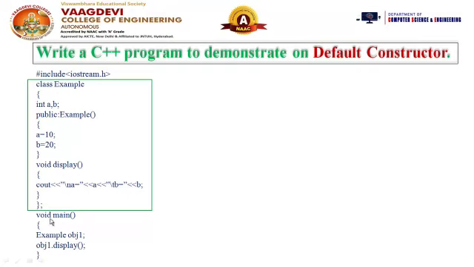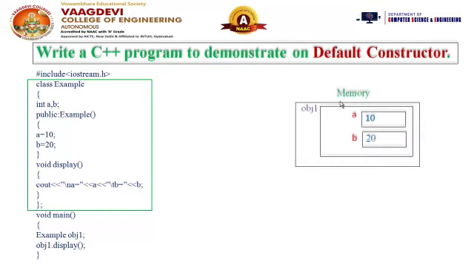The execution of this program starts from the main function. Let's start from the main function. In the main function, the first statement is creating an object for the sample class. At this statement, the object obj1 is instantiated in the memory.